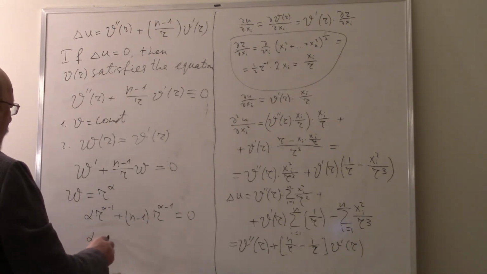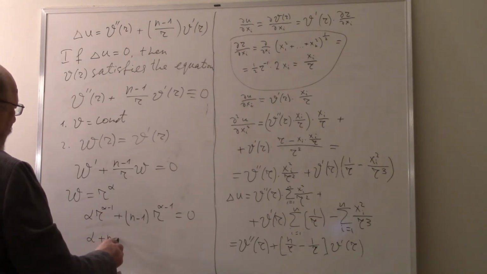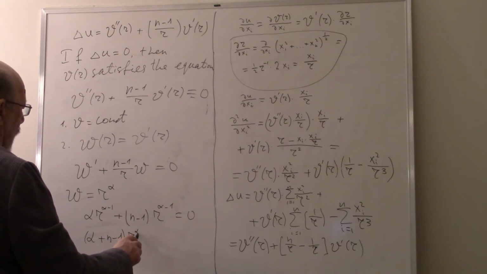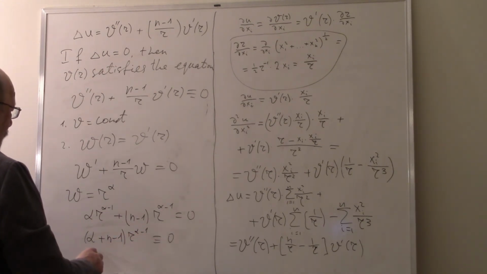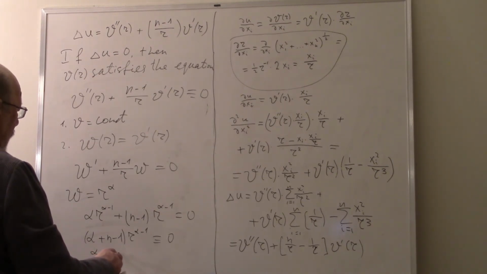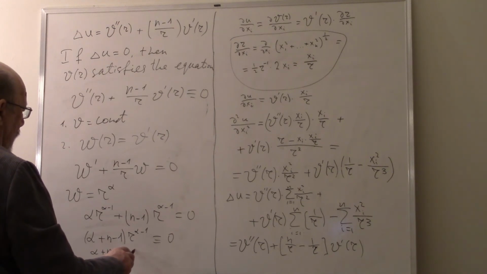So (alpha plus n minus 1) r to the alpha minus 1 equals 0. Alpha plus n minus 1 equals 0.